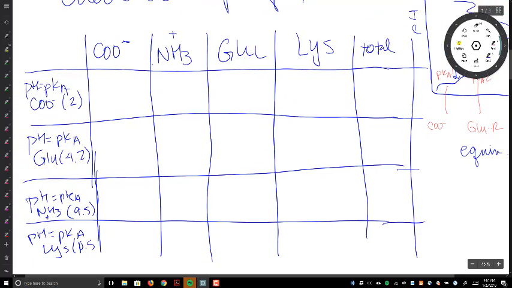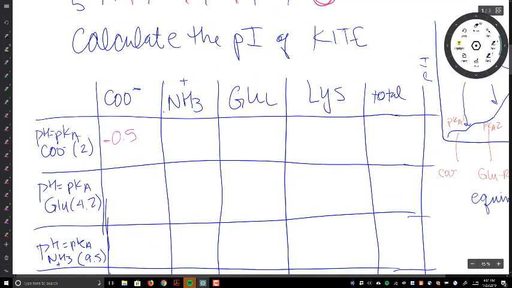So if we were to look at a pH of 2, which is the pKa for the carboxylic acid, we would know that the C-terminal carboxylic acid would have a charge of -0.5. Why? Because where the pH is equal to the pKa, if we were to look at our pH scale, when the C-terminus is below a pH of 2, it's protonated and it carries a neutral charge.